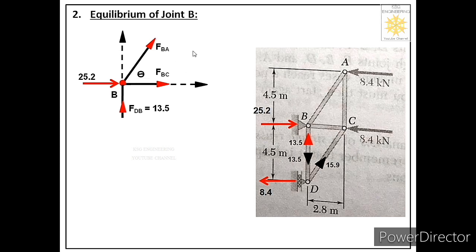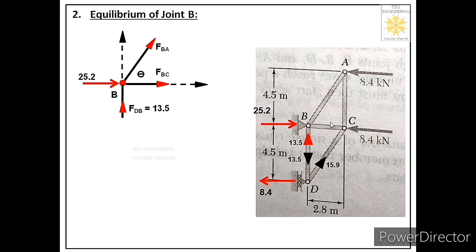So let us locate its angle with the horizontal component and let us call that angle theta. So let us see where this theta is in the truss. This theta is over here. In order to find this theta, we can consider this right angle triangle BCA.